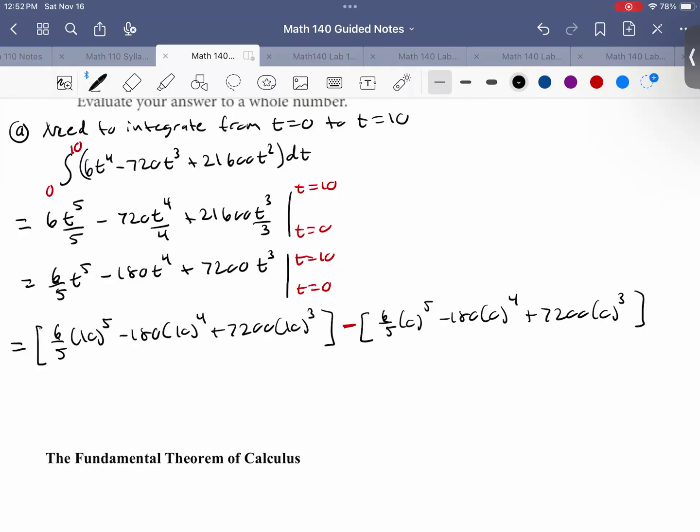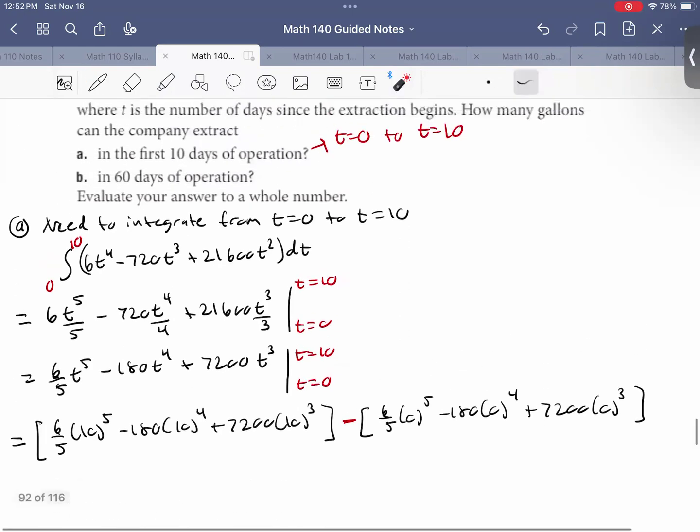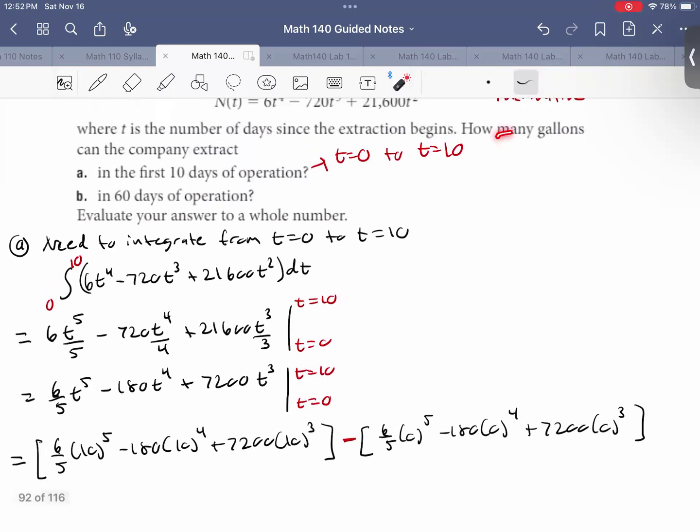This is us accumulating the number of gallons that we're extracting from 0 to 10.